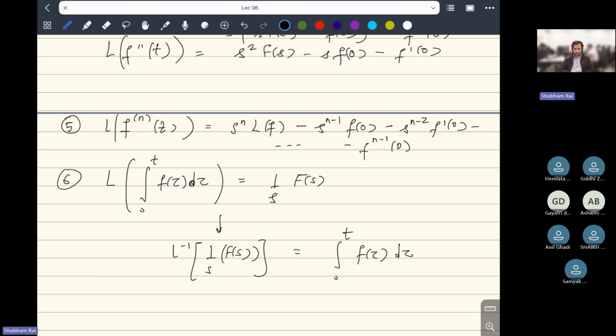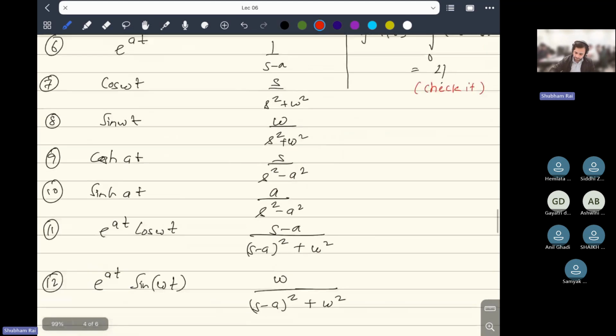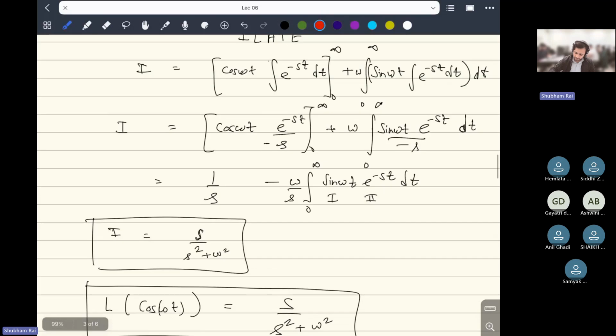So I think I would like to stop here. In the next class, so all these things were related to how to find the Laplace transform of different kinds of functions, and this is your homework, that in the next class you have to complete the second step.